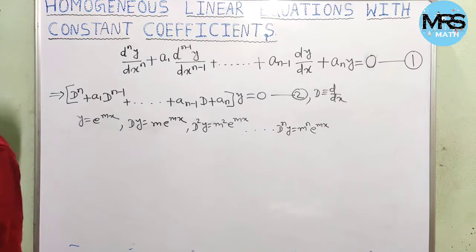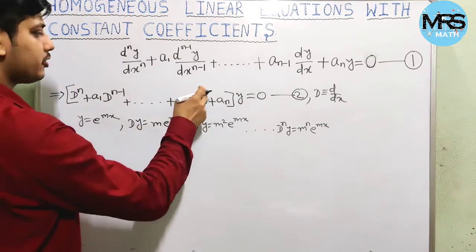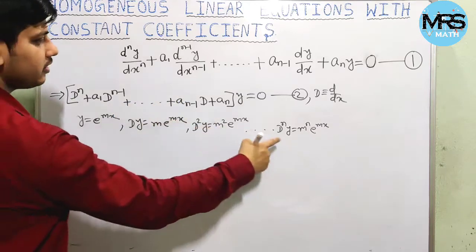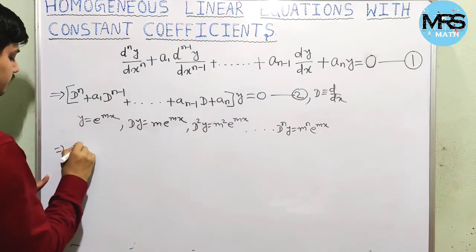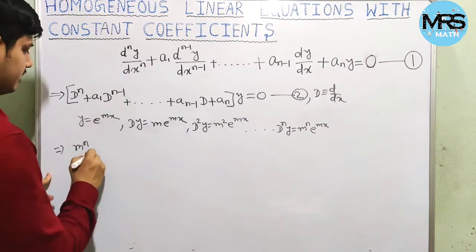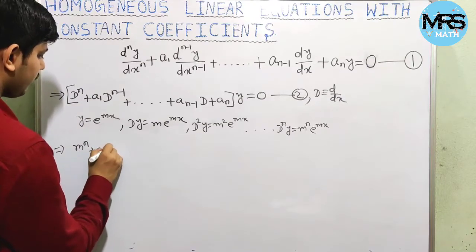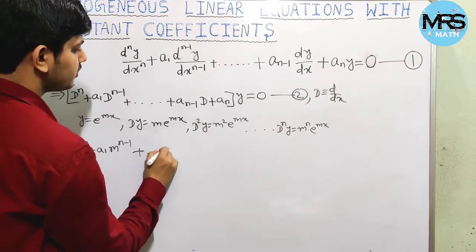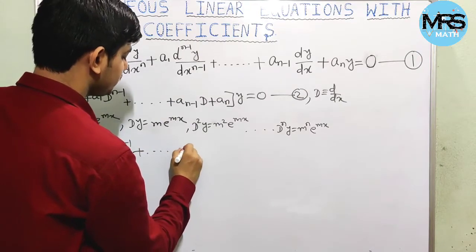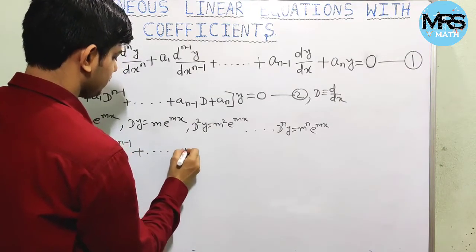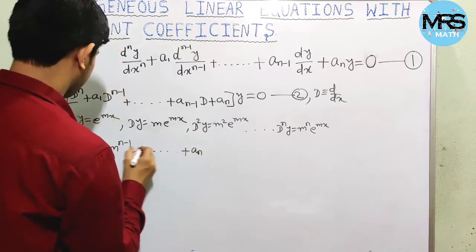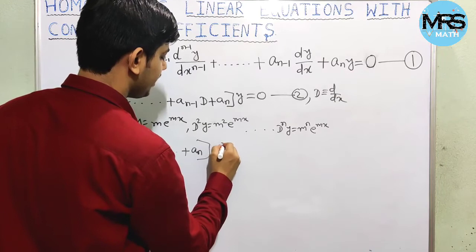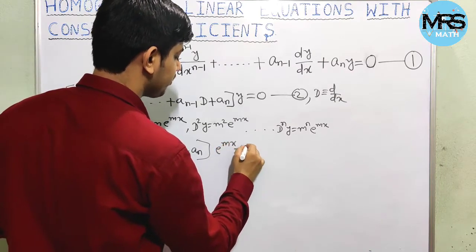If we replace these in equation number 2, then what can we write? D^n y we can replace as m^n, plus a1 m^(n-1), plus ... plus an, into e to the power mx, equal to 0.